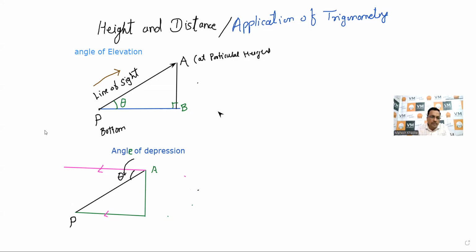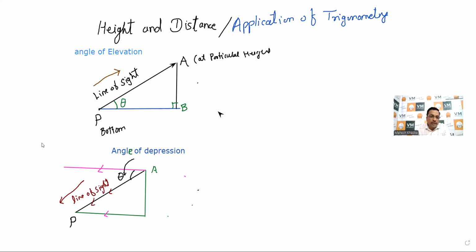This is known as downside observing, and this is the line of sight. So students, here the line of sight is from bottom to top, and here the line of sight is from top to bottom. So this is theta.